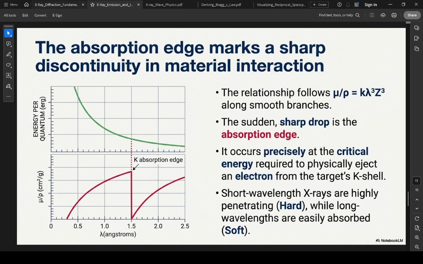It occurs precisely at the critical energy required to physically eject an electron from the target's K shell. So you can see here that it is directly proportional to lambda cubed.